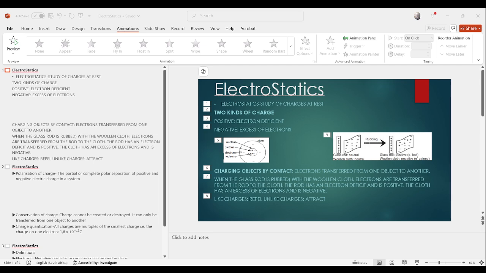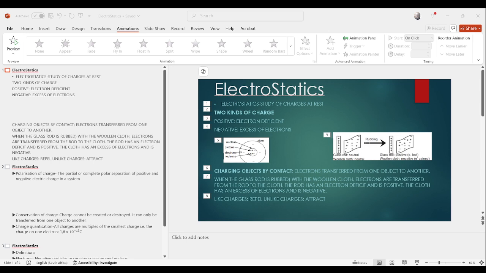Okay. The term electrostatics consists of two parts, electro and statics. Electro comes from electricity, and statics come from something that is resting, something that is not moving, something that is stationary.